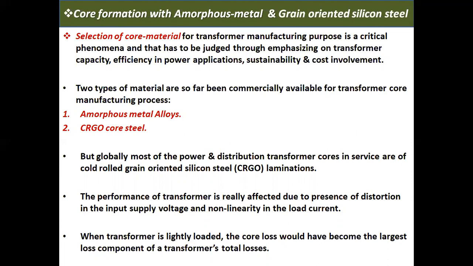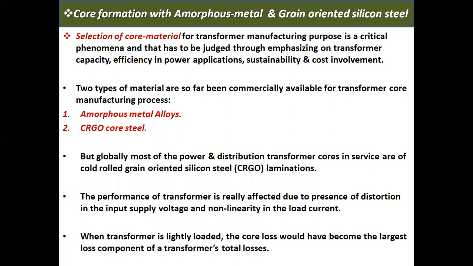Two types of materials are so far commercially available for the transformer core manufacturing process. Number 1, amorphous metal alloys. Another is CRGO core steel.